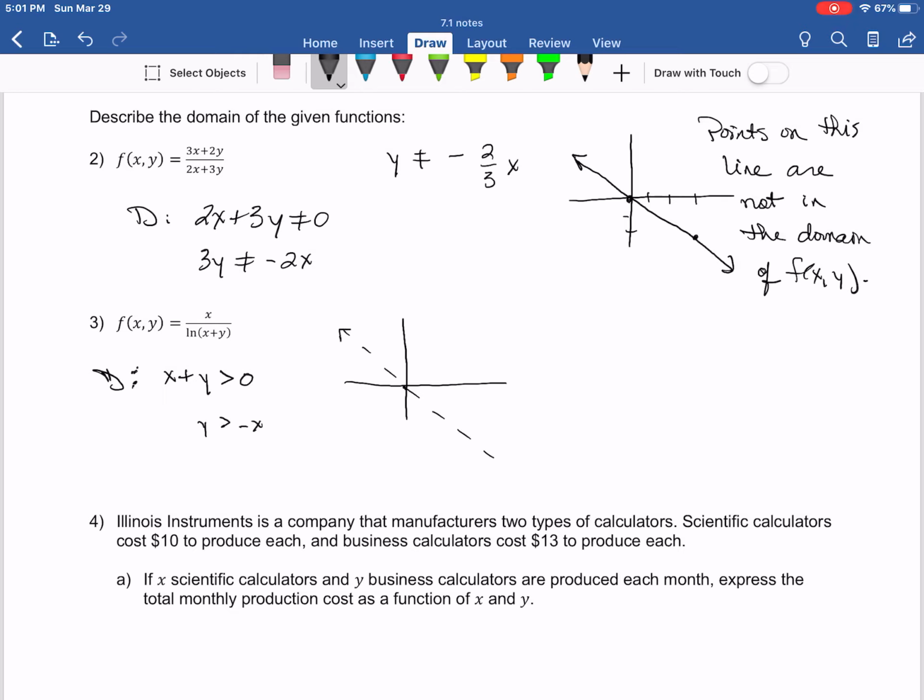Whenever you're graphing inequalities, as we learned in college algebra, we have to shade either above or below that line. And the region that you choose to shade is the region that contains the ordered pairs that make that inequality true. So you can test any of those ordered pairs that I've shaded there, and you'll see that they all make that inequality true. That shaded region is your domain. The shaded region is your domain.